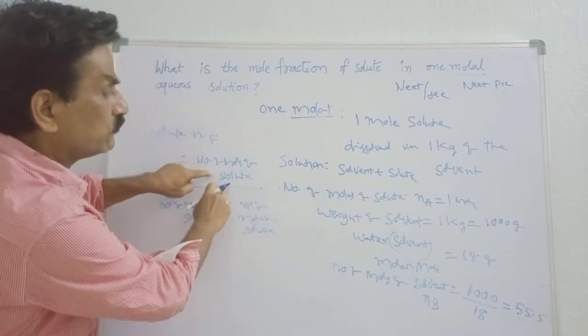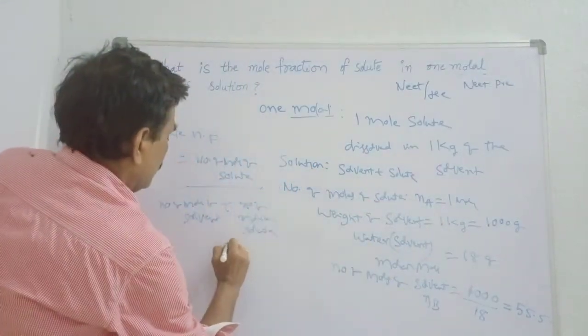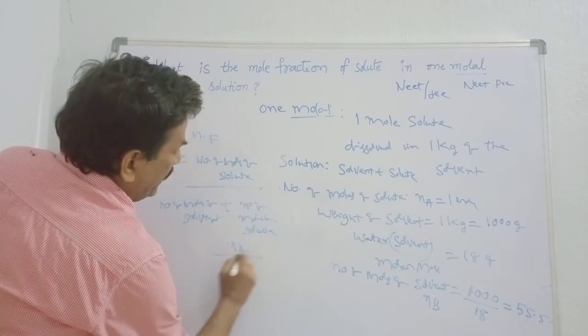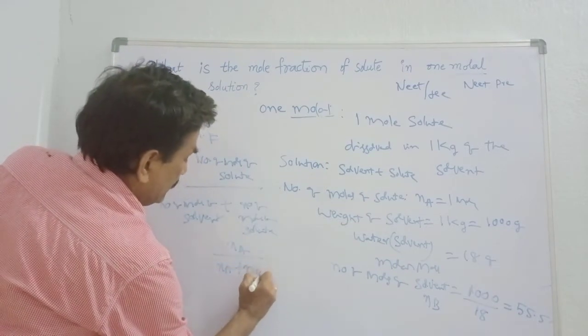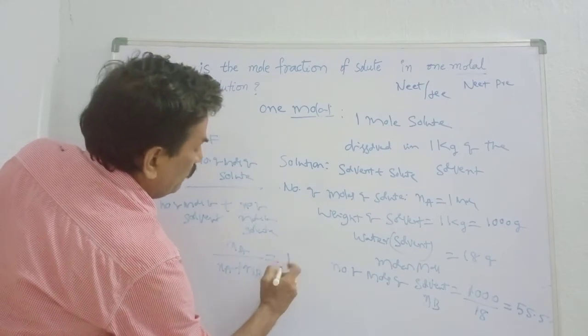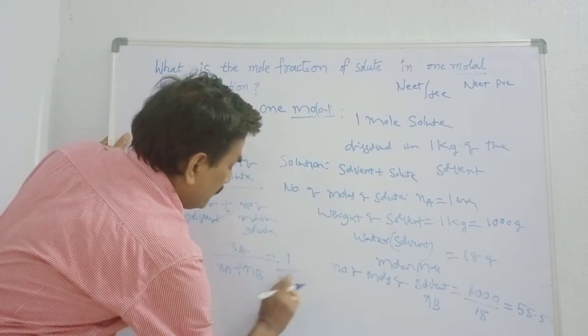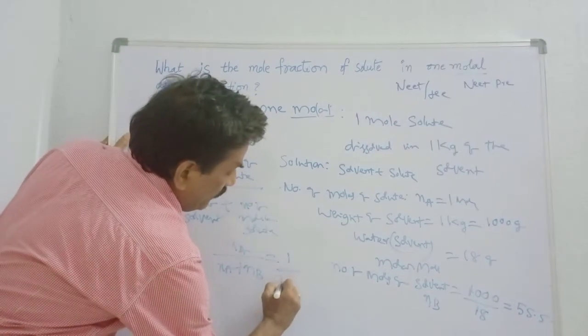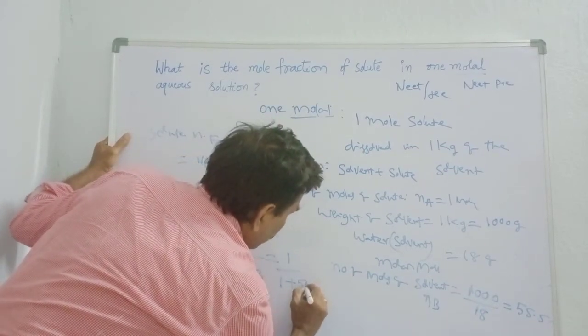That is Na by Na plus Nb. Na how much? 1. Nb, 55.5.